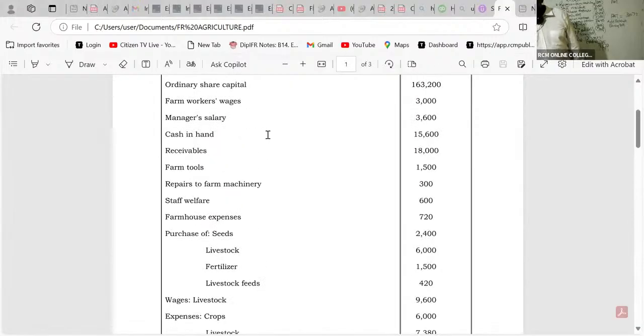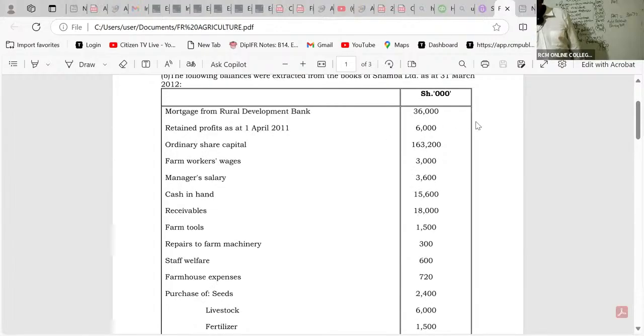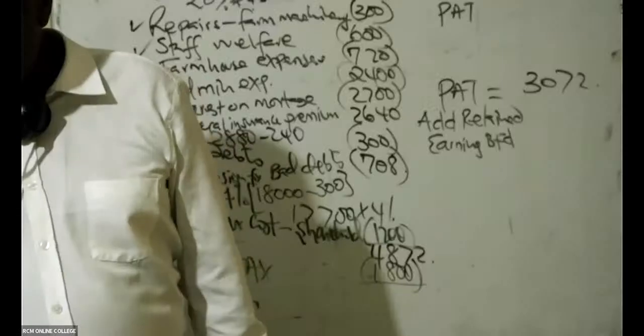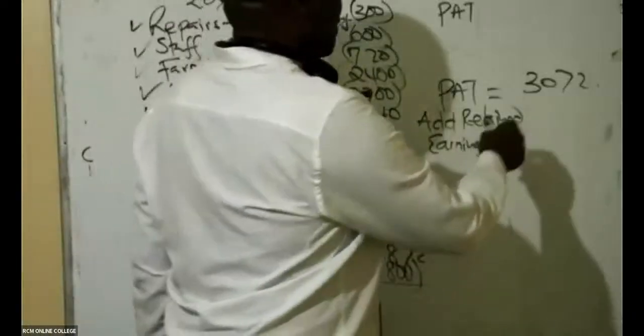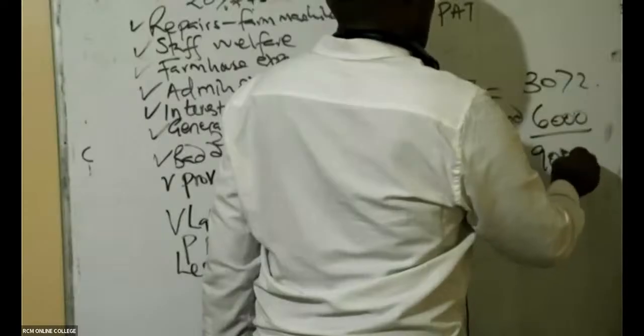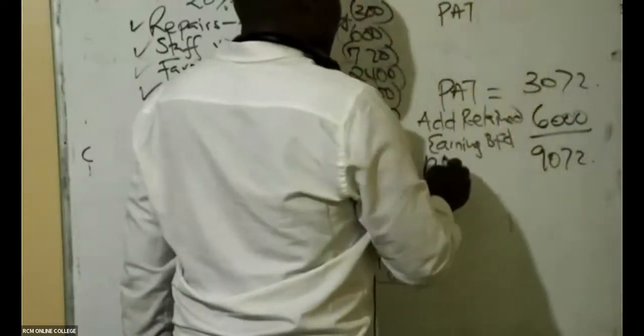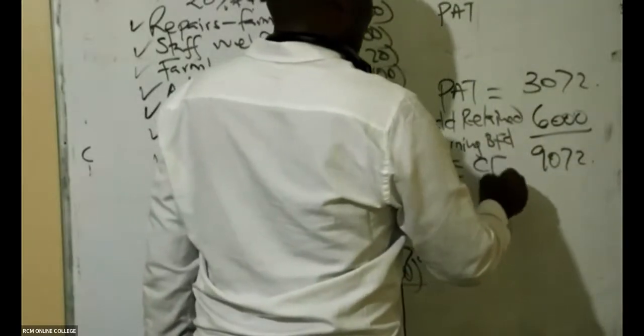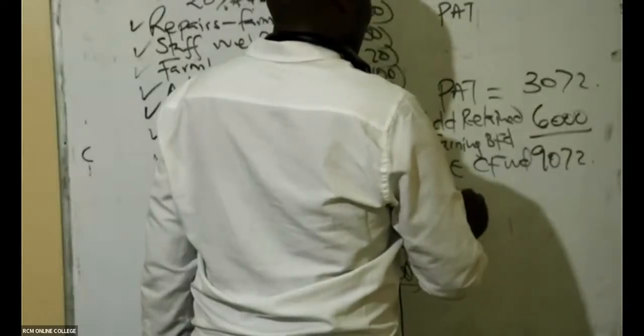You can see these retained profits brought forward of 6,000. So in this case we have 9072 as the retained earnings carried forward to our balance sheet, our statement of financial position.